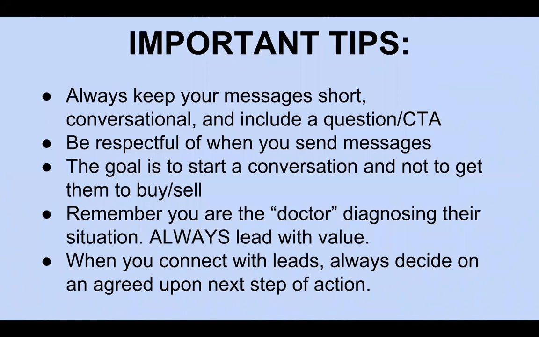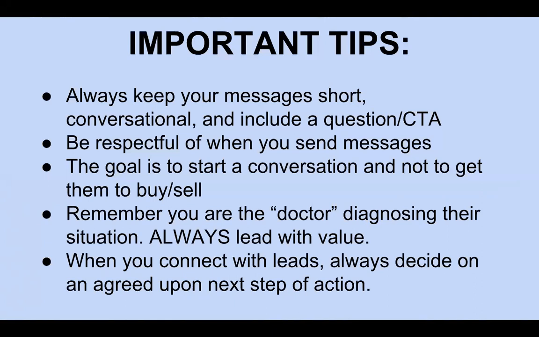All right, some important things that I want you to keep in mind when you're sending communications, whether they be automated or manual follow-up. Number one, always keep your messages short and conversational in tone, and include a question and/or call to action, okay? And questions are the easiest way to make a call to action, right?